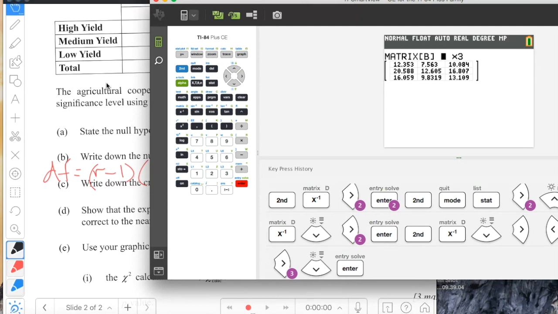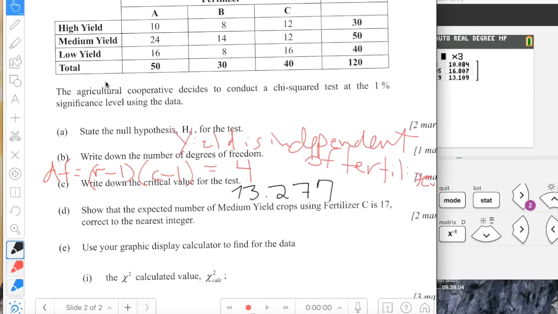Okay, how is that calculation performed? That calculation is performed by proportions. Again, we can look up in our matrix and we can see that we're looking for these proportions. This proportion is 50 out of 120, and this proportion is 40 out of 120.